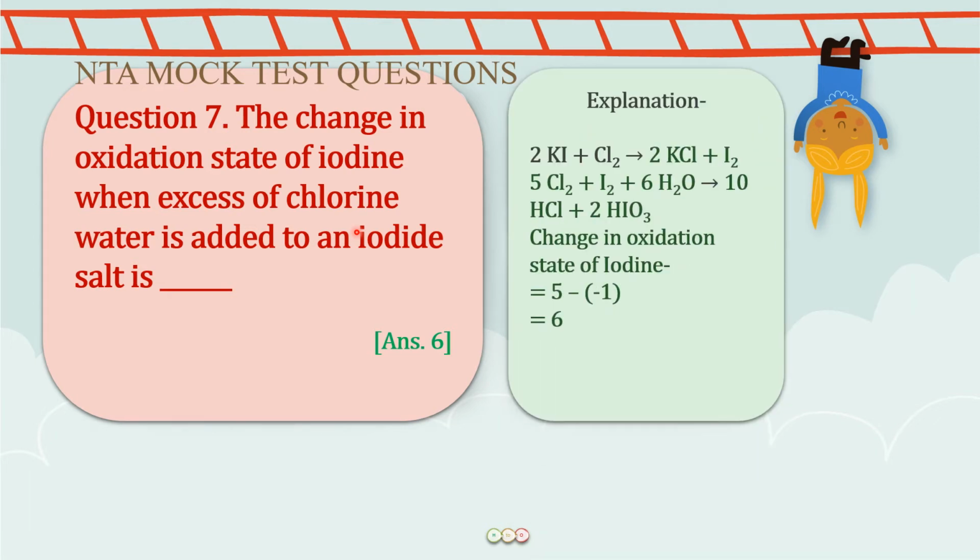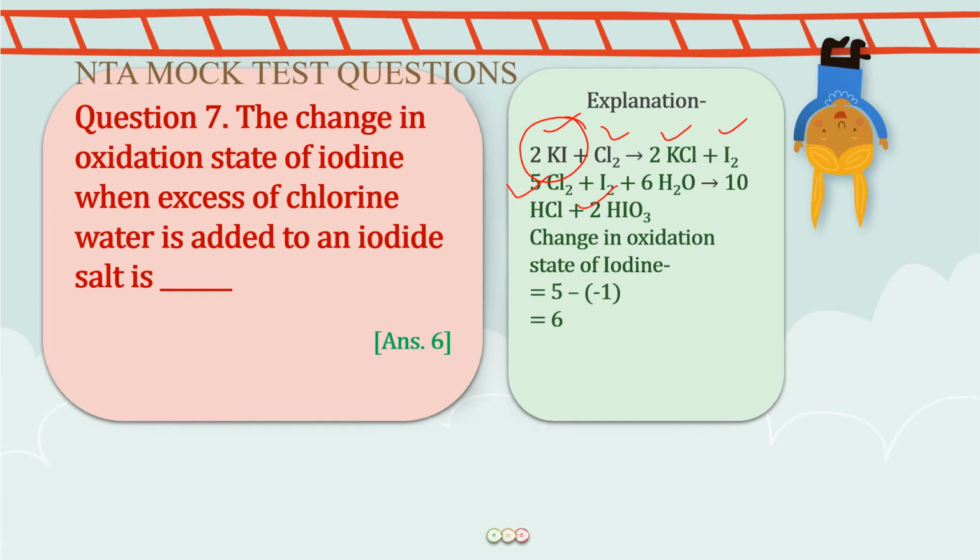We have, first of all, an iodide salt. The iodide salt that we have is KI. KI is reacted with chlorine water, and chlorine water means chlorine plus water. First of all, KI reacts with chlorine to form KCl and I2.